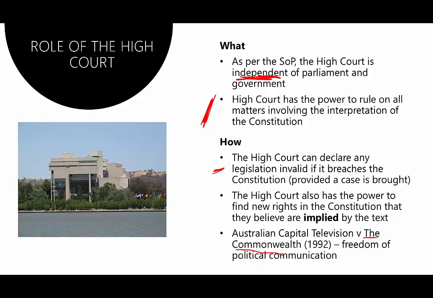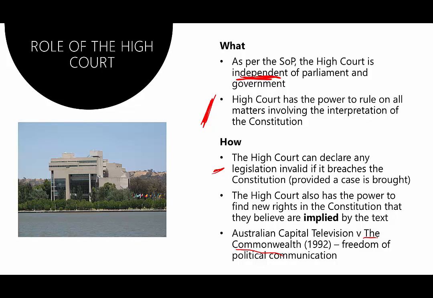And I think everyone gets quite annoyed by those ads. So what happened was the Commonwealth basically said there's a limit on how often these can be on TV and how often these can run. And Australian Capital Television took the Commonwealth to court and said that that law breaches the Constitution because of Section 7, Section 24, the need to be directly chosen by the people.